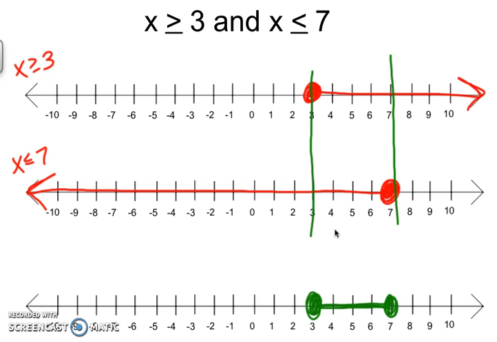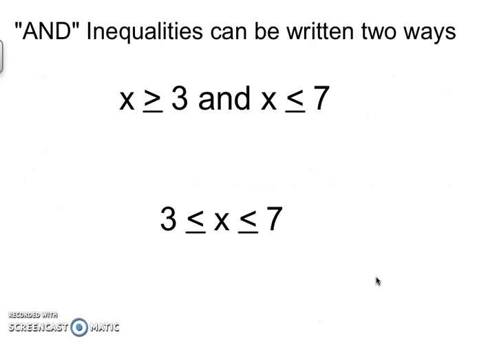That would be my solution set. With "and" problems, you're figuring out when it's greater than and less than, and that's always going to be this overlap. So "and" problems go in between each other. Let's look at how we write them next.